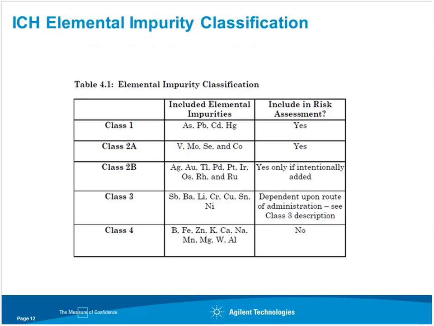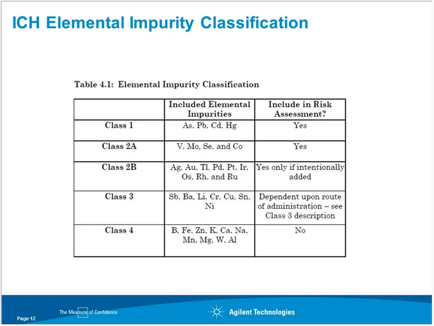The Class 2B elements should be included if intentionally added. The Class 3 is interesting in that these depend on the route of administration. For example, if it's oral, these elements aren't going to be as toxic as compared to an injectable type drug.